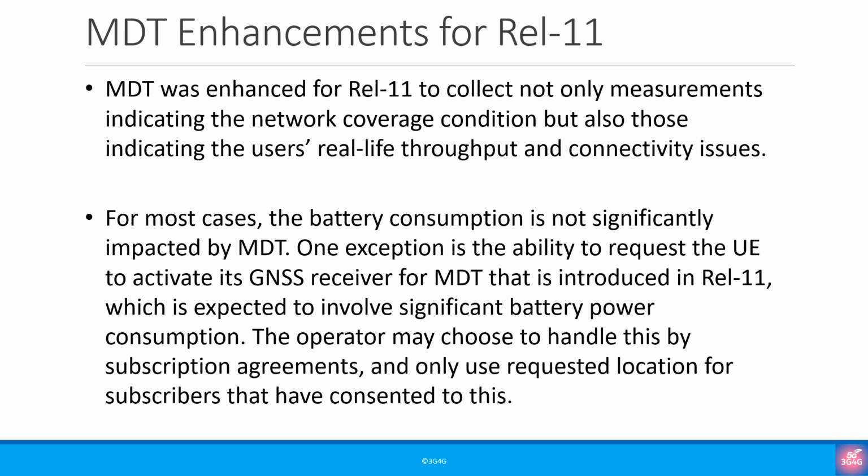One exception is that the ability to request the UE to activate its GNSS receiver for MDT that has been introduced in release 11, which is expected to involve significant battery power consumption. The operator may choose to handle this by subscription agreements and only use requested location for subscribers that have consented to this.